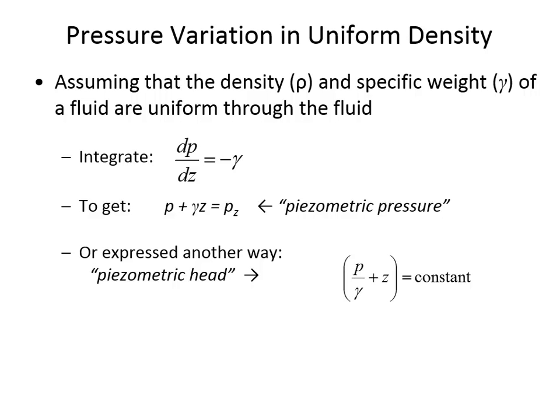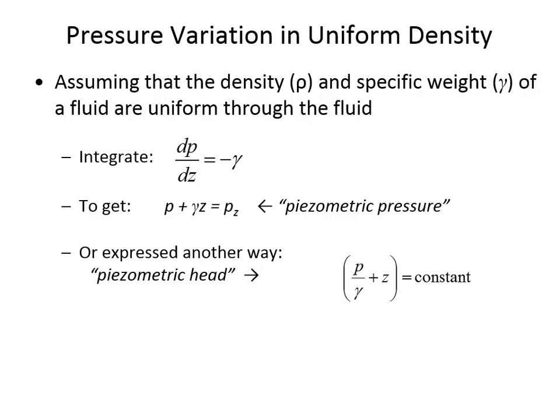And if we divide each term by gamma, so pressure divided by gamma and gamma Z divided by gamma, then we get this in terms of piezometric head instead of piezometric pressure. For piezometric pressure, the units of each of these terms is newtons per meter squared.